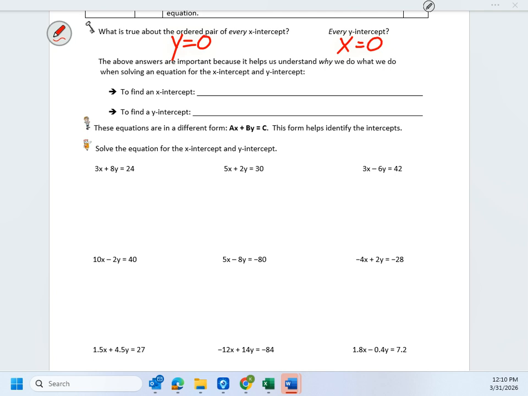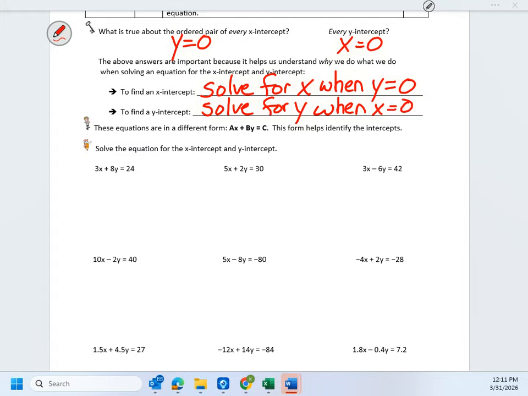To find an X-intercept, you solve for X when Y equals 0. So the opposite, for the Y-intercept, you're going to solve for Y when X equals 0.